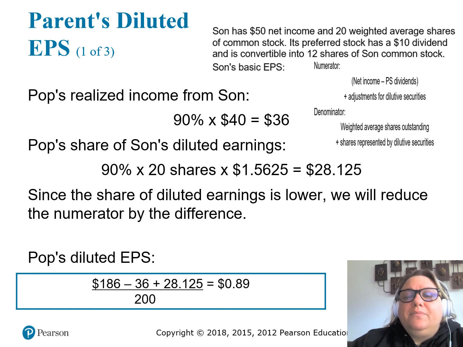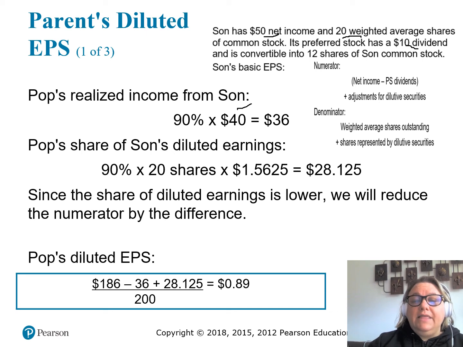So Pop's realized income from Son. Let's start there. Remember that we took the 50 minus 10. That's the easiest. 50 net, 10 dividend, that was 40. At 90%, 36, all on the previous page. Now Pop's share of Son's diluted earnings. We have 20 weighted average common shares.